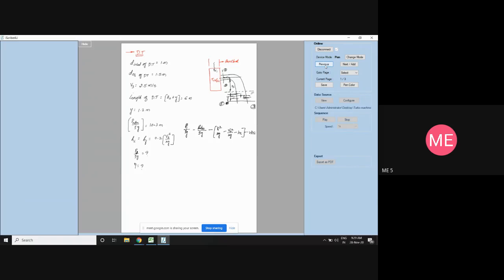But in the present figure, we have taken sections 2 and 3. So what will happen for the above formula? It will become P2 by rho g equal to P atmospheric by rho g minus V2 square by 2g minus V3 square by 2g minus head loss minus HS.